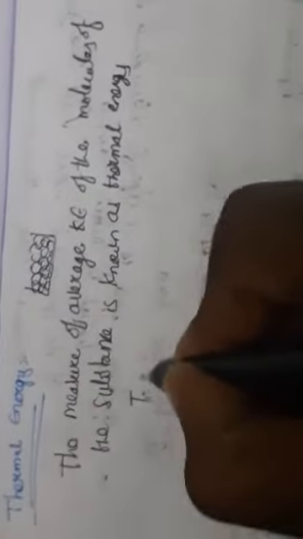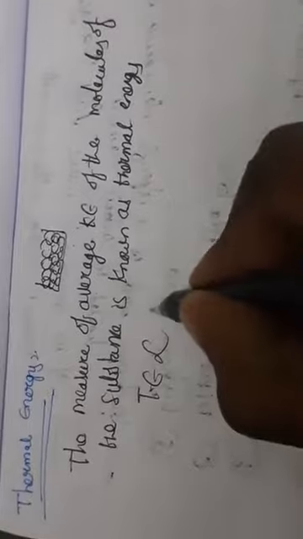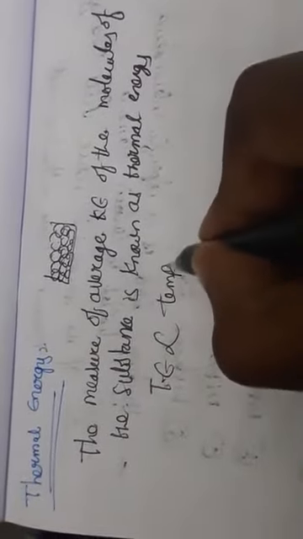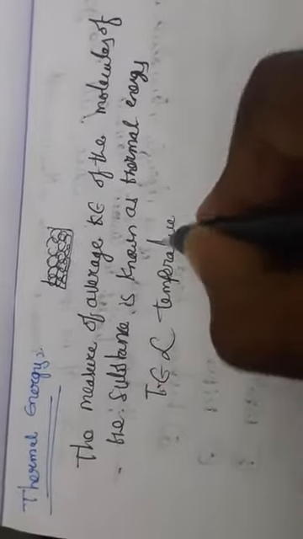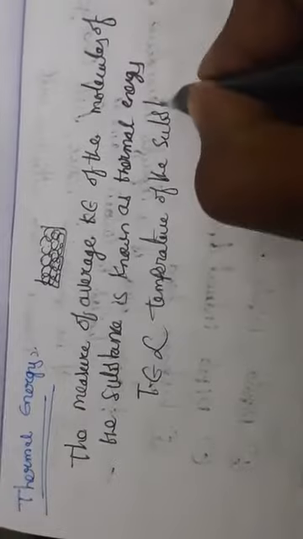So thermal energy is directly proportional to the temperature of the substance. By this we can say it is the movement of the particles, and whenever the particles are moving, we can say it is thermal motion.